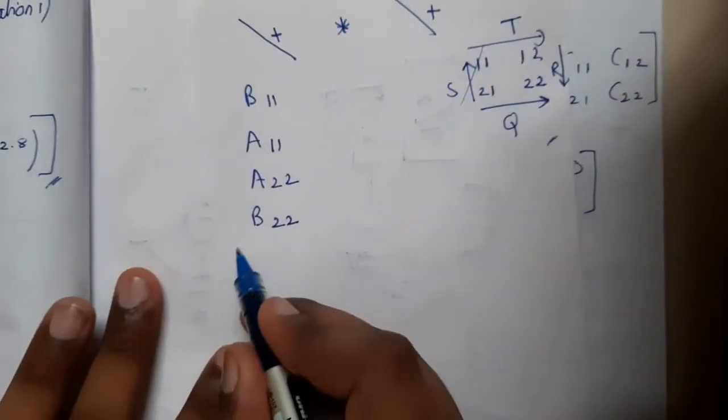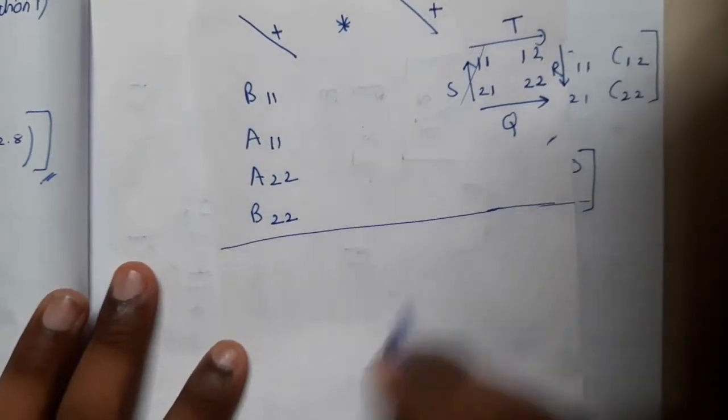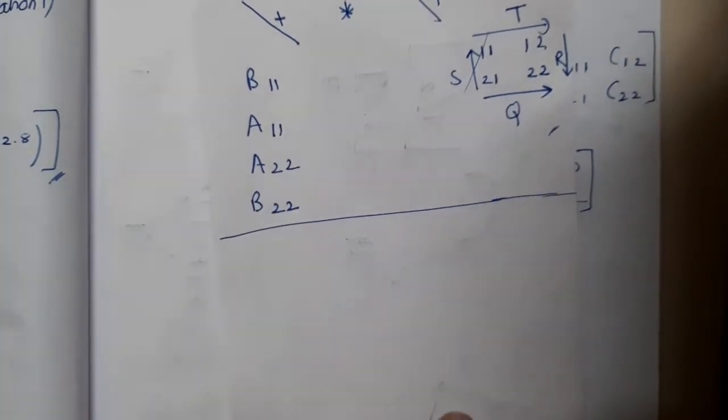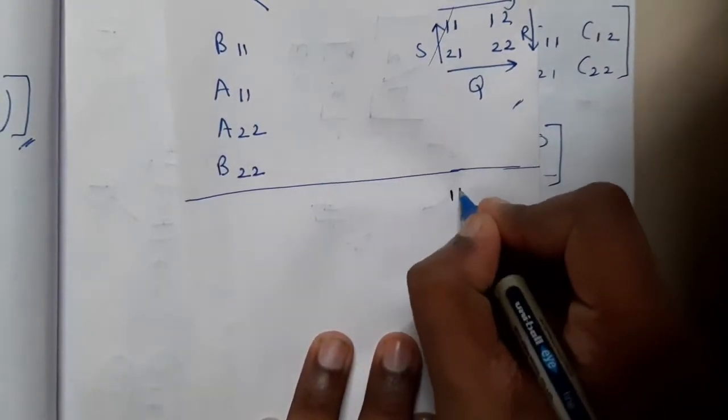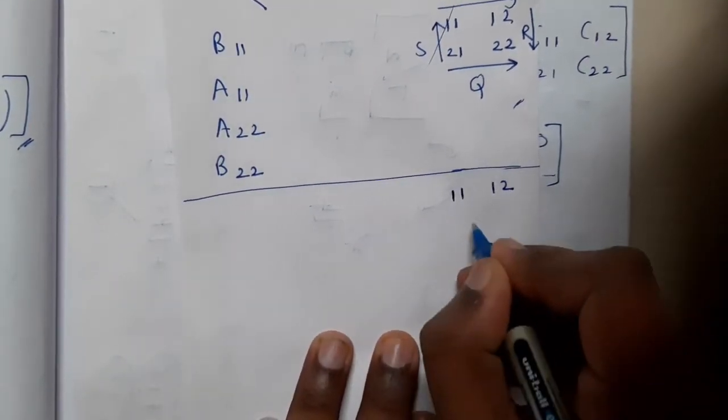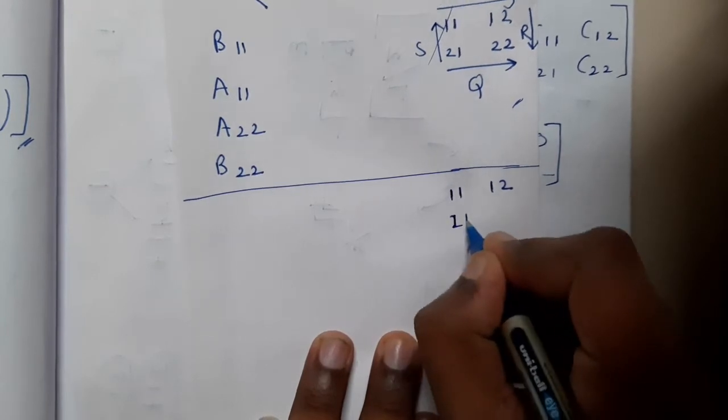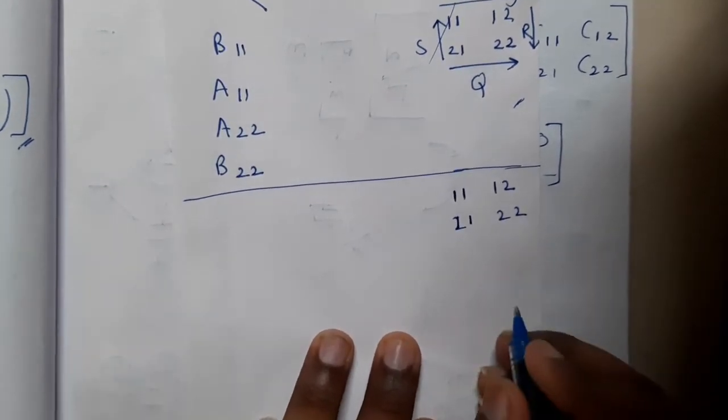so it became really easy to remember. So the first thing is, first of all you will be writing a 2 into 2 matrix: 11, 12, 21, 22.